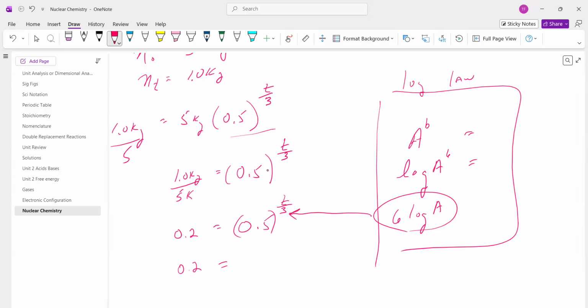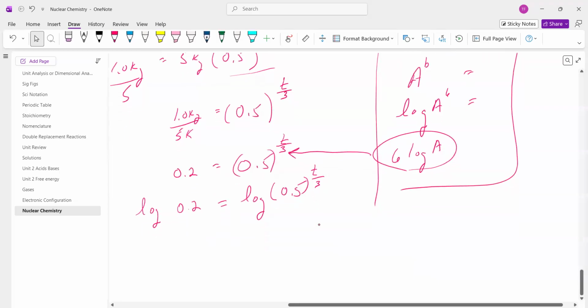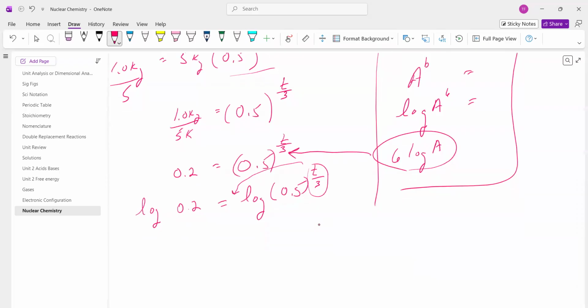Okay, so we're going to do this here now. We're going to take the logarithm of both sides. Okay. I'm going to continue simplifying it. So now I'm going to take this and move it outside.